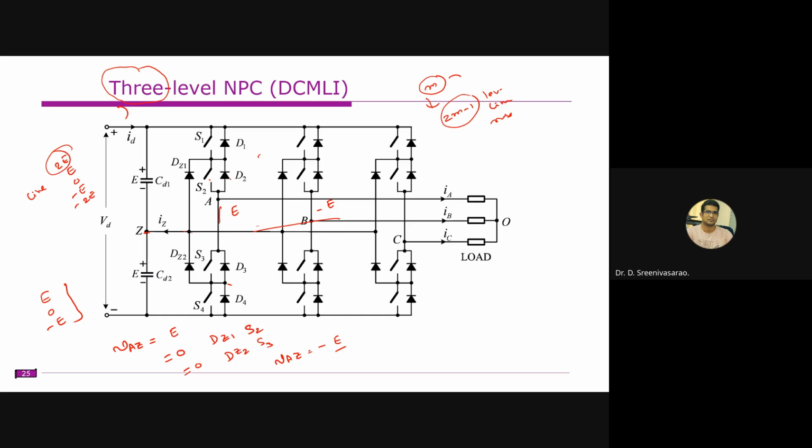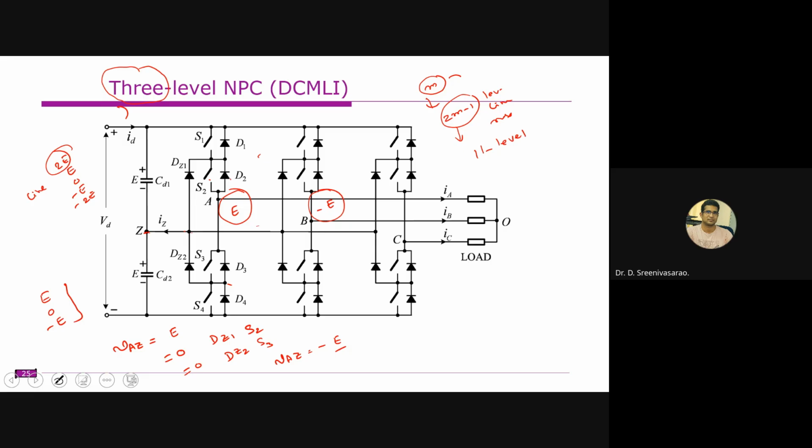So that means this is operating at the highest value. If it is operating at the lowest value at the same time, you will get the 2E value. But if you are increasing the number of levels, both will not happen simultaneously. Therefore, you can reduce the number of levels. Let us say you consider an 11 level inverter, so there are 11 levels in the phase voltage.